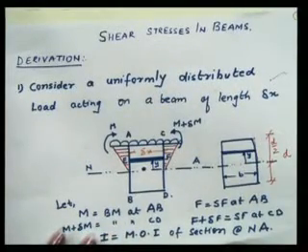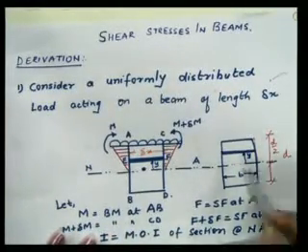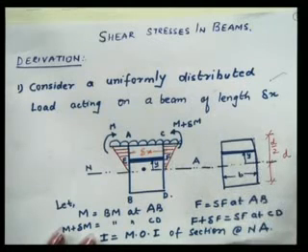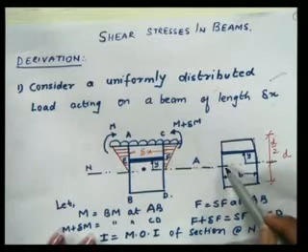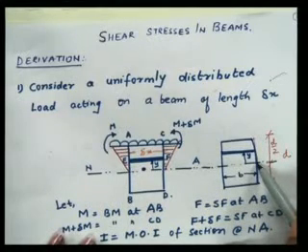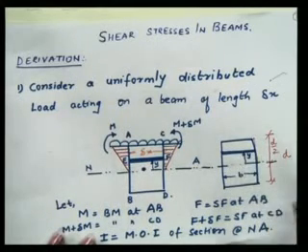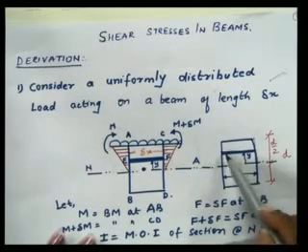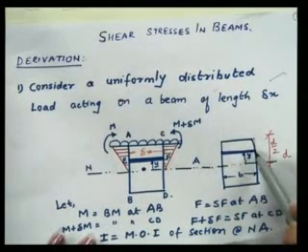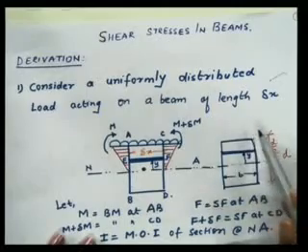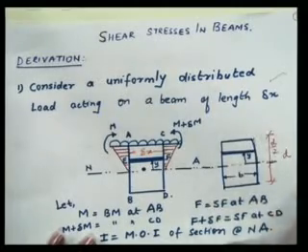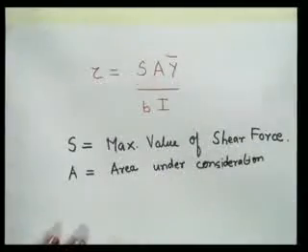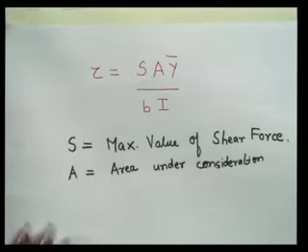That means wherever I have to calculate the value of shear stress, I have to consider that value of area. If I am considering the neutral axis, then I have to take the area above the neutral axis. If I am taking the line EF, then I have to take the area above line EF. So A is the area which we have to take under consideration.